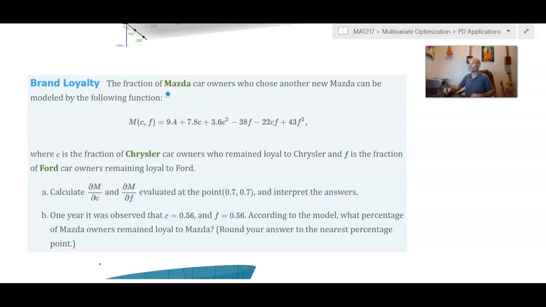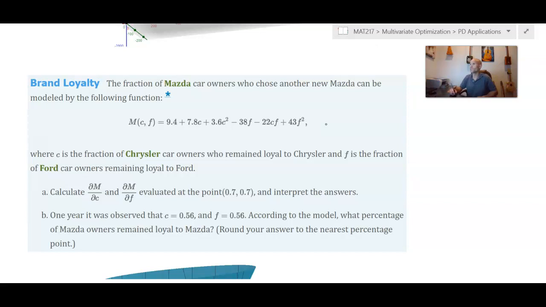Let's take a look at an example. I'm going to reference this second problem here because I think it'll help us make more sense of what's going on. Part B says one year it was observed that C equals 0.56 and F equals 0.56.